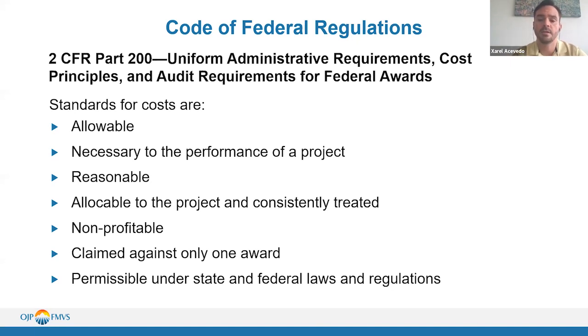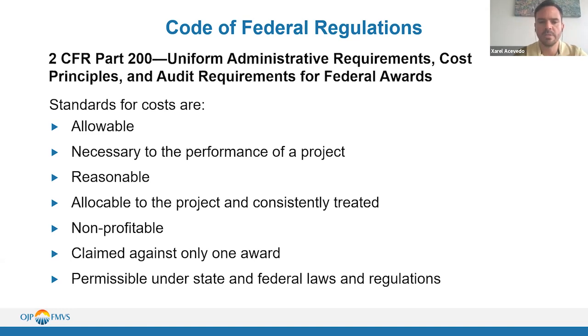Of these standard costs, the most important one is the first one listed here, which is allowable. Okay, costs have to be allowable. Before you charge anything, make sure that your cost is allowable.